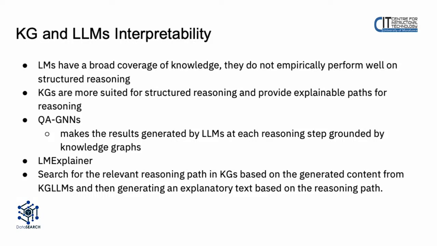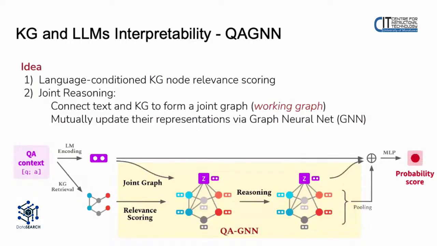So I'm just going to describe how interpretability can be achieved, and one of the examples of these interpretable LLMs is QAGNN. They have optimized this model for the question answering task, which is basically given a question, find the correct answer.